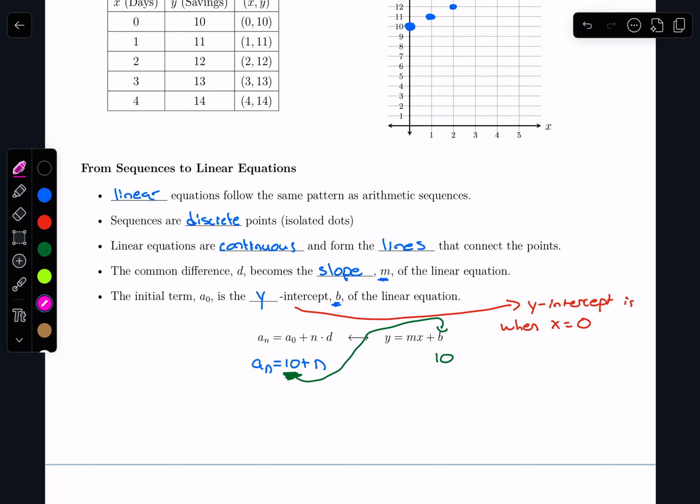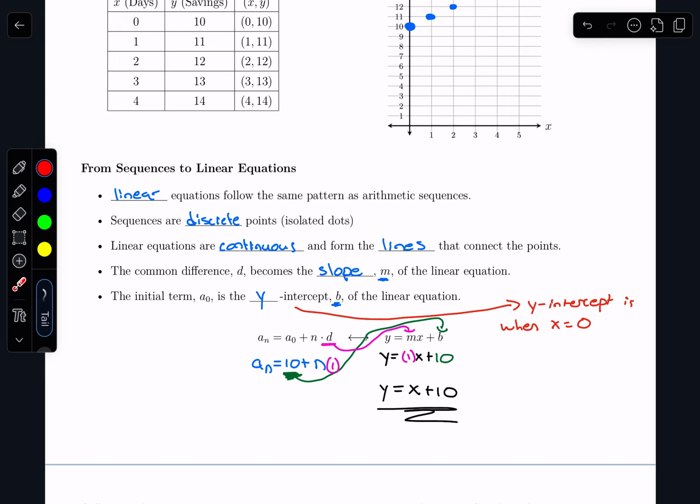And we're also told that the d value is the same as m in this formula. Then I can go ahead and put a 1 where that m is, because remember, I didn't write the 1, but there's a 1 there attached to our n. So then filling in the rest of the formula, we have y equals 1 times x plus 10. So we can simplify that to just be y equals x plus 10. So the equation of our line is just going to be y equals x plus 10.